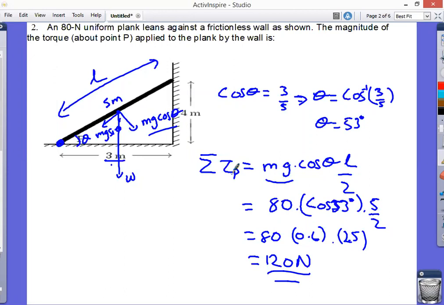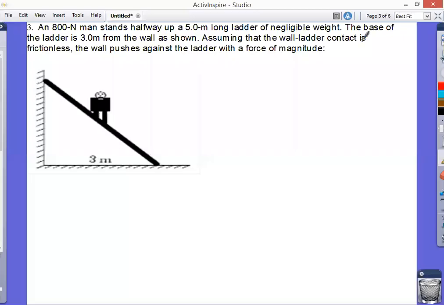So the torque around point P will be 120 Newton. So since we are looking just for the torque over here around P, that's why we just apply the cos theta.